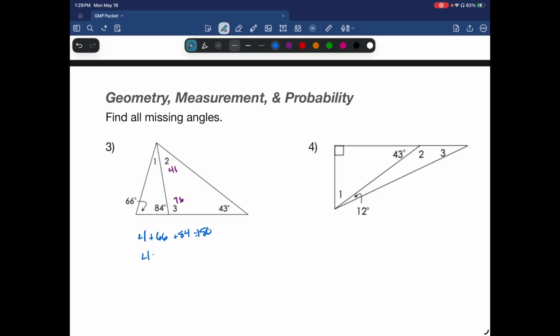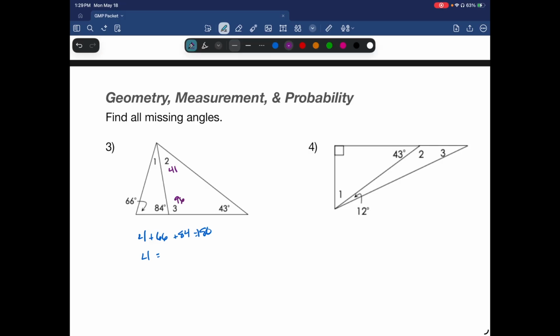So angle 1 plus... All right, use your calculator, and that gives you that angle 1 is 30 degrees. Not bad. It's not 76, it's 96.